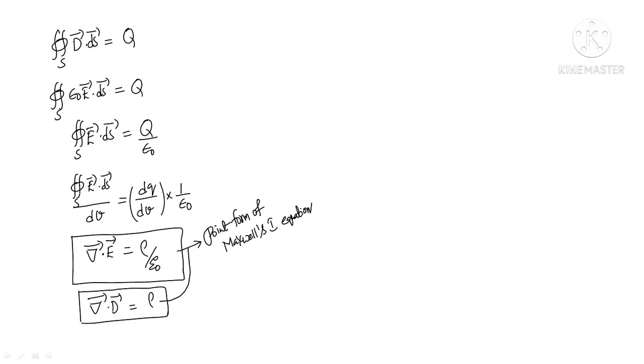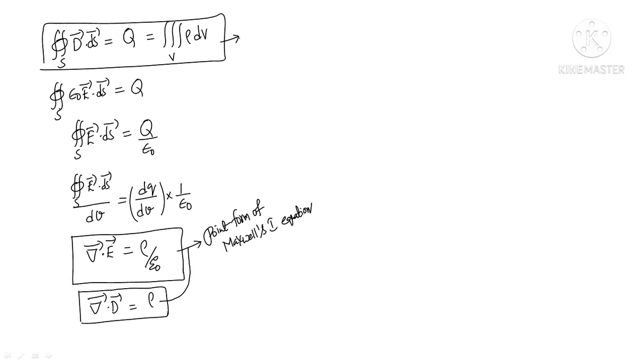What is the integral form of Maxwell's first equation? The integral form of Maxwell's first equation is this one. It is Gauss law. It is the total flux leaving a closed surface, and it is equal to charge enclosed by that surface. Charge can be written as the volume integral of rho dv.